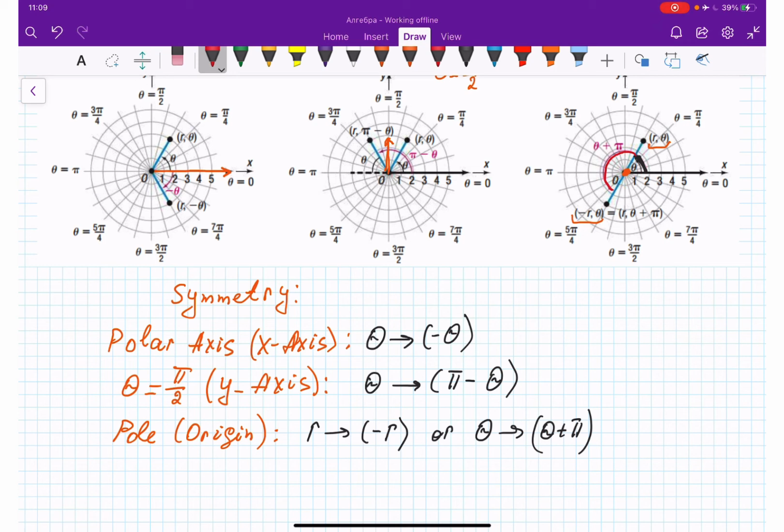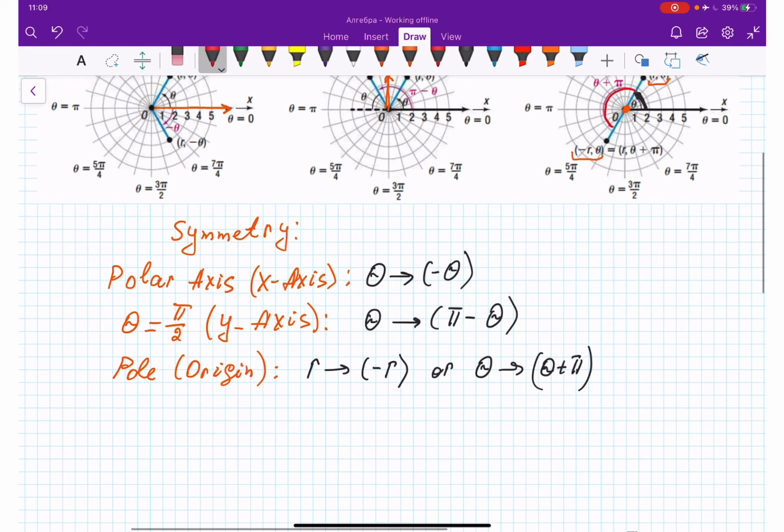There are some graphs, for example, r equals sine theta, that turn out to be symmetric with respect to the polar axis, the line theta equals pi over 2, and the pole.